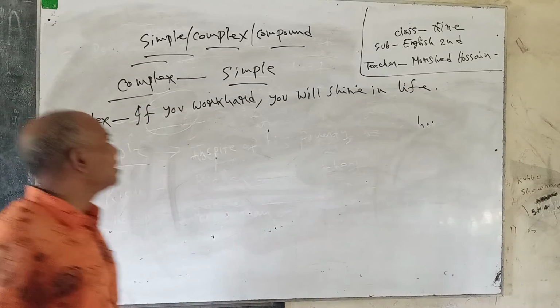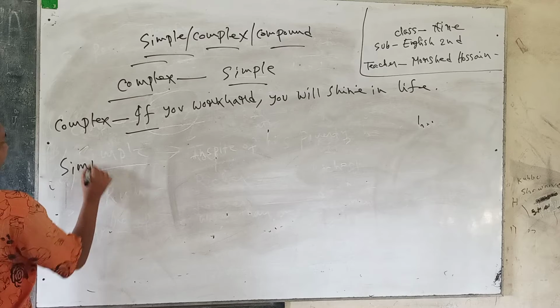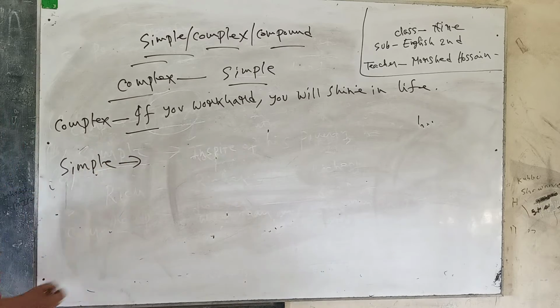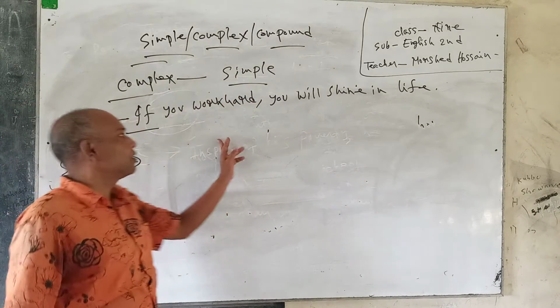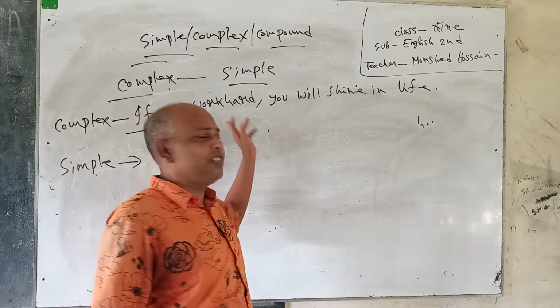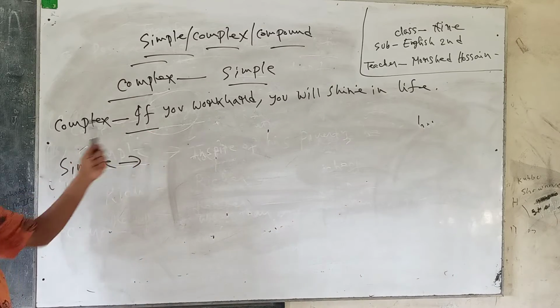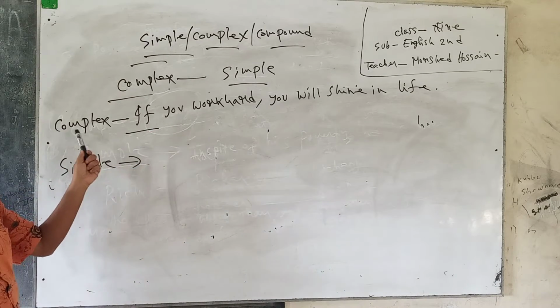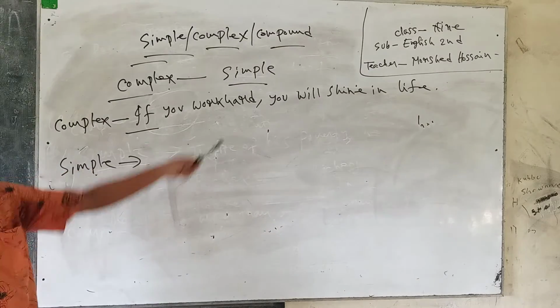So learners, there is an if in the complex sentence. So how will you make it in simple form? What is the rule? The rule will be by plus gerund. So if there is an if in any complex sentence, then you will change it to simple. It will turn into by plus gerund.